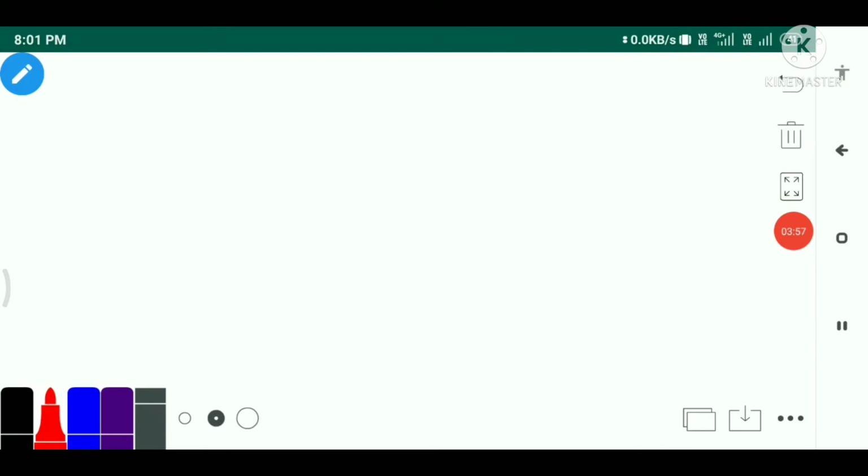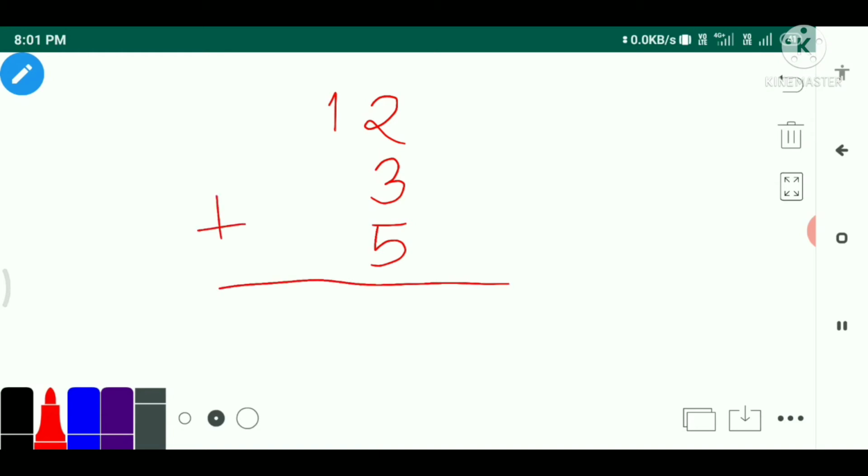Okay, now how we can add 3 numbers all together. So suppose 12 is there, 3 is there and 5 is there. Okay. So how we can count these numbers? So first of all we'll count the ones place value. This one is ones place value, right?